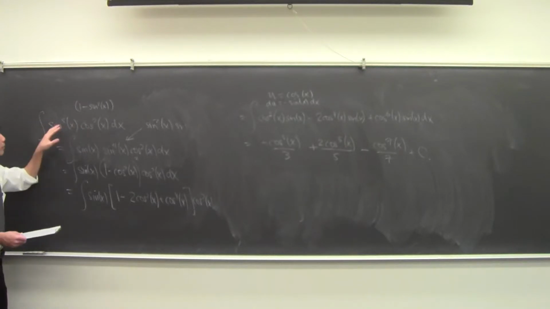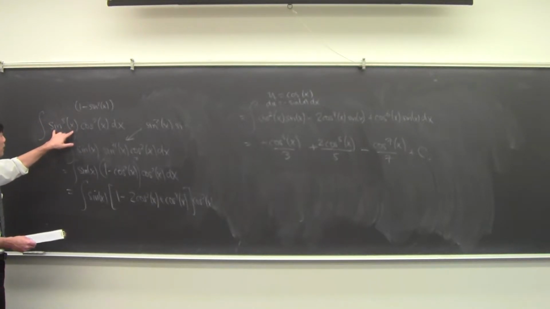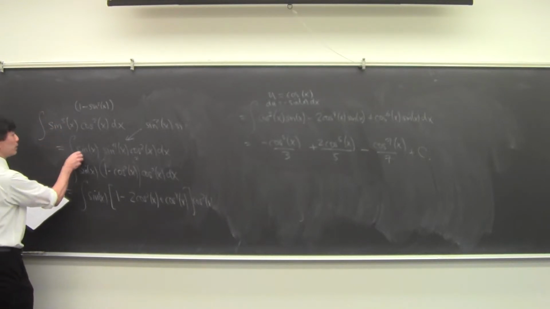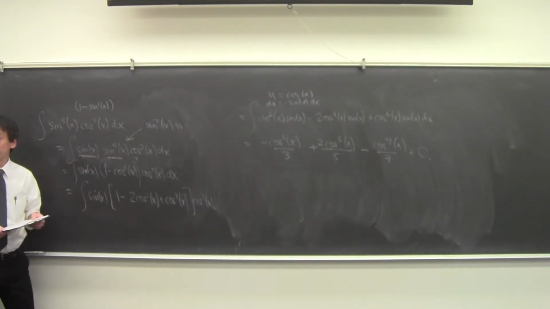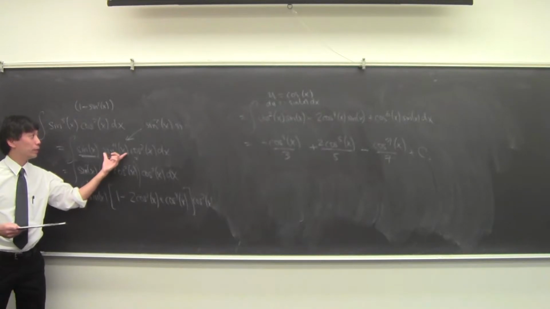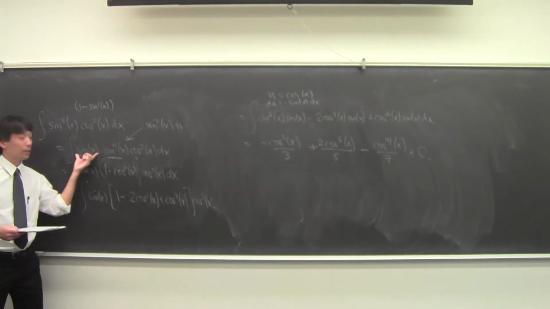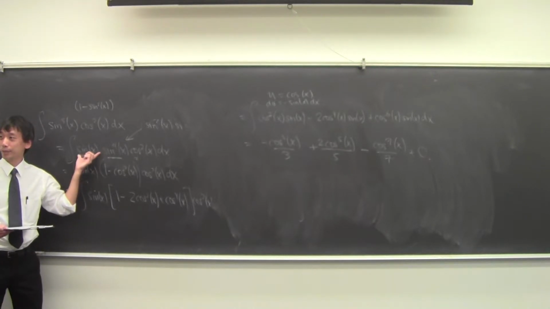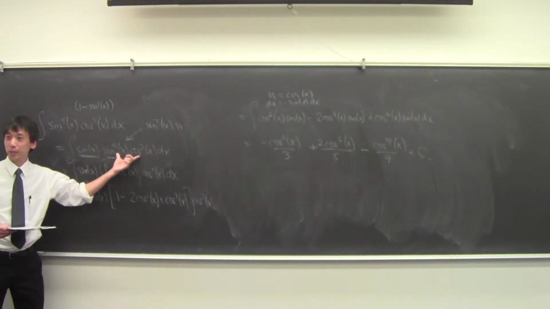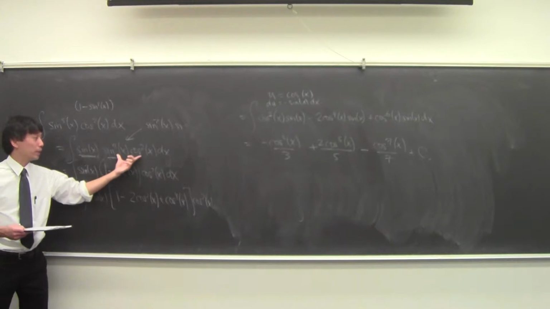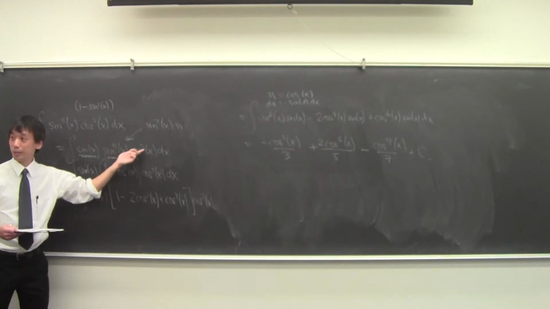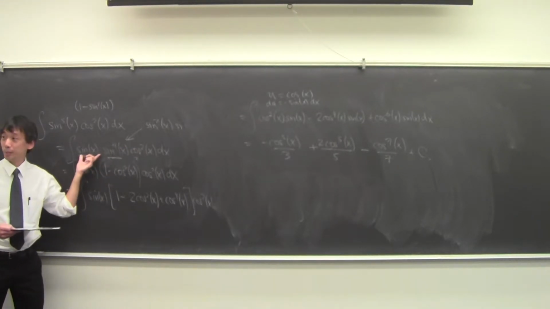But what I see when I look at this is that if I break this up into sine times sine to the 4th, and I switch this sine to the 4th into 1 minus cosine squared squared, then I'm going to have powers of the cosine times the sine. That's good, right? Do you see that that's good?